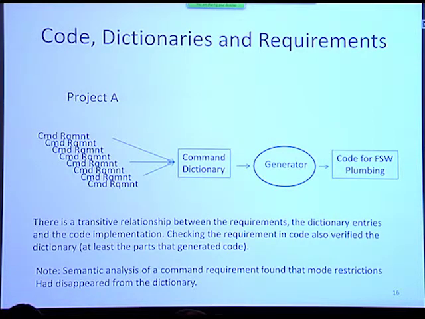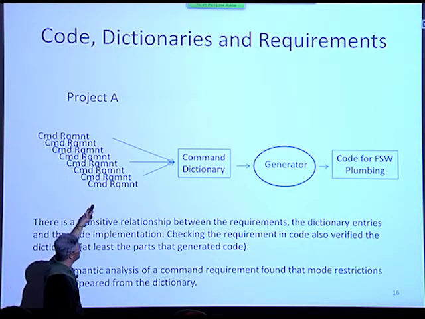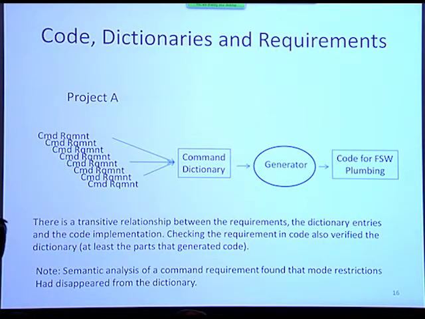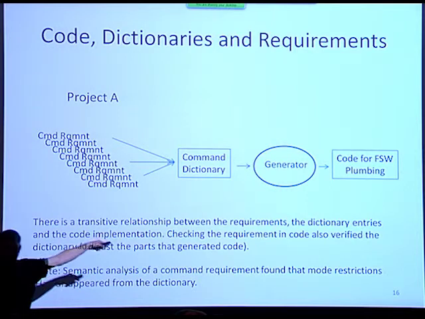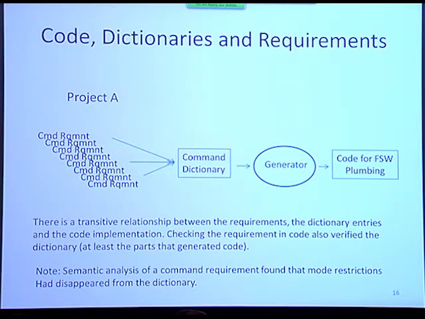The first project that they used this on, they had command requirements that generated command dictionaries produced by their engineers that went through the generator that produced the flight software plumbing for all the command handling, okay? And you had this nice transitive relationship from the requirements through the dictionary all the way to the resulting code. So we could check the code to verify the requirement was implemented, okay?